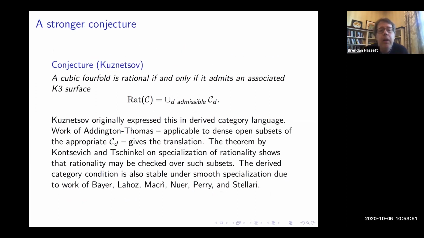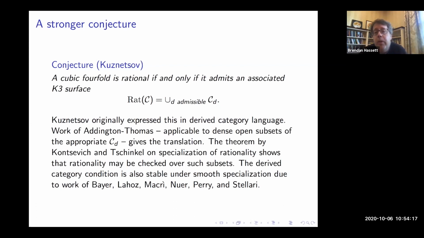So here is a more precise and a stronger conjecture on rationality, which is due to Kuznetsov. In my language, this is the assertion that the locus of rational cubic fourfolds is characterized as the cubic fourfolds that admit an associated K3 surface.